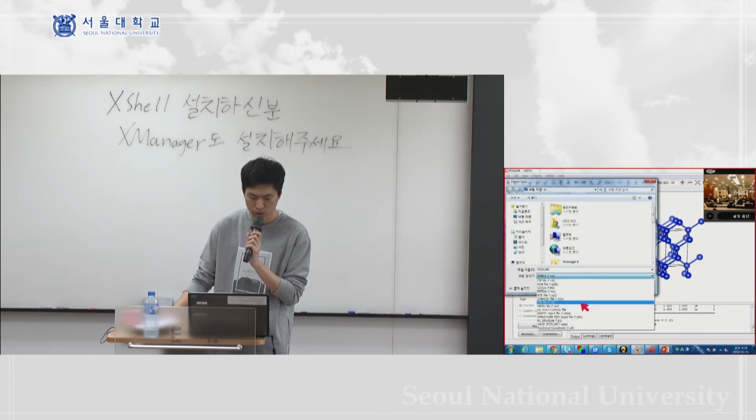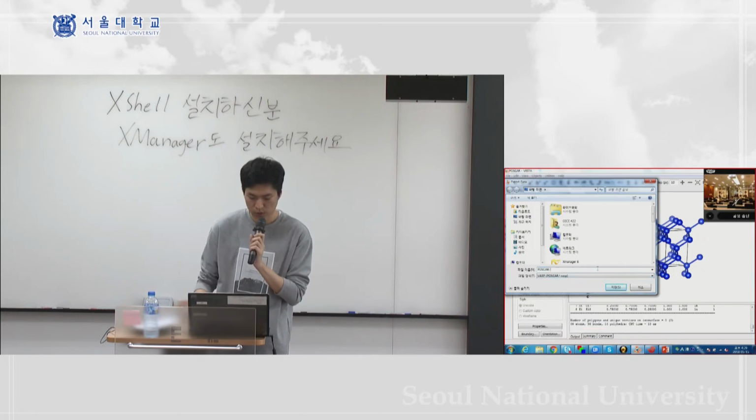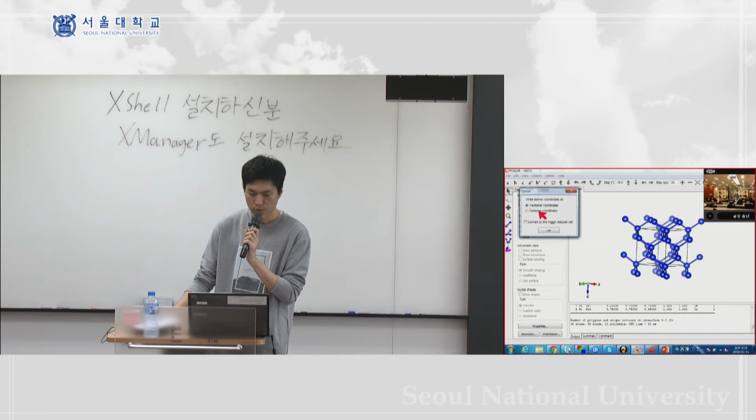For example, we can convert a CIF file into POSCAR. You can export a file like this, and you can choose either fractional coordinates or Cartesian coordinates.